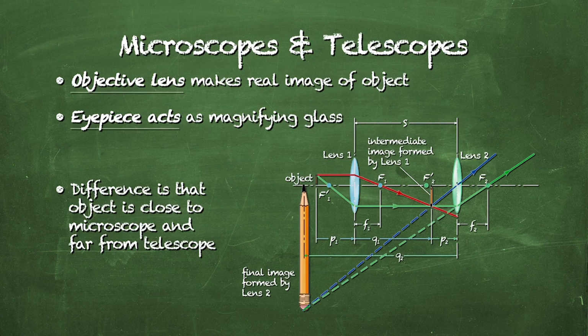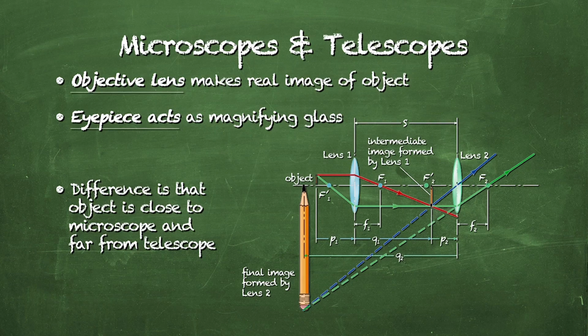And the objective lens makes a real image of the object. So that would be the intermediate image in this diagram. And that real image is close to the second lens, lens 2, which is referred to as the eyepiece.